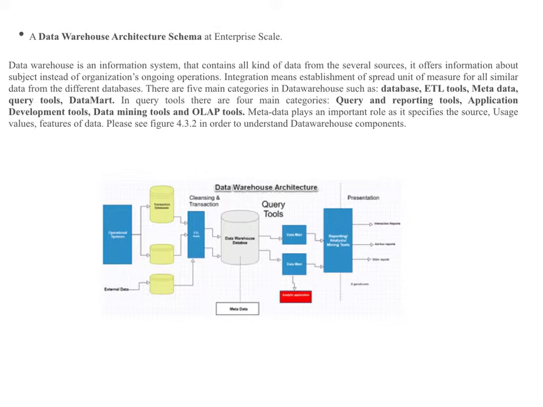Metadata plays an important role as it specifies the source, usage, values, and features of data. Please see the figure which I have provided here to understand the data warehouse components.